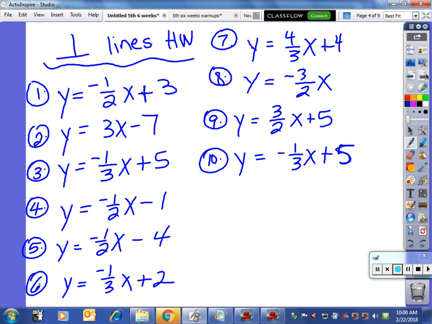And if you don't understand something, plus I did this answer key really quickly, guys, so I could have made a mistake. So if you don't agree with me, you should always ask a question. And anything from this sheet could be on your quiz tomorrow, including number 5 and 6. Those were the trickiest ones. And 9 and 10, I gave you a picture instead of actually telling you the line.